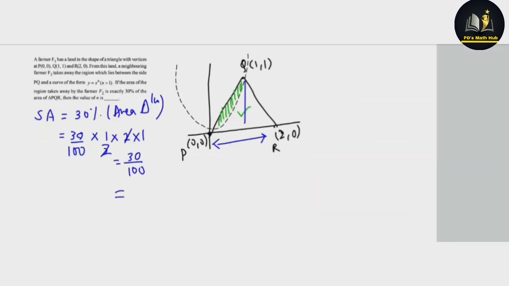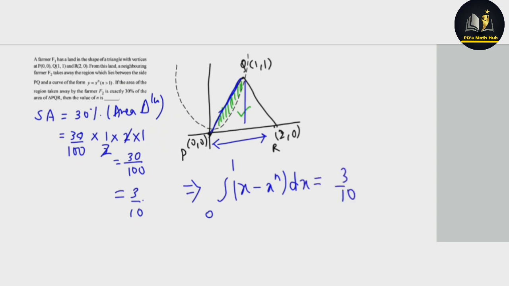So 30 divided by 100 could be written as 3 divided by 10. Now, the area of the shaded region could be written as integration from 0 to 1 of the line y is equal to x minus the parabola x to the power n, into dx. This will be equal to 3 by 10.